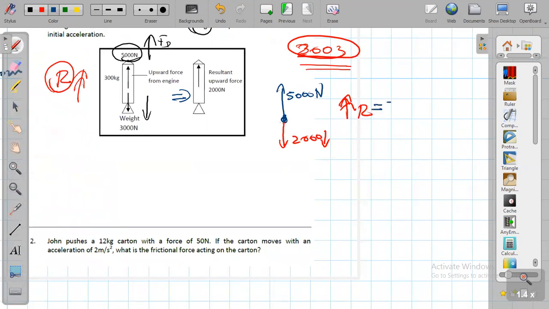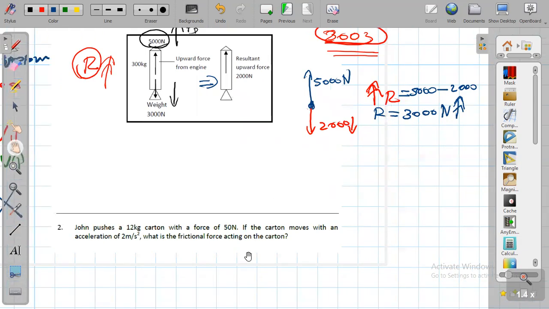What is the bigger force? 5,000 Newton, and you have to subtract 2,000 Newton. The resultant is going to be 3,000 Newton upwards. Okay? Understand?